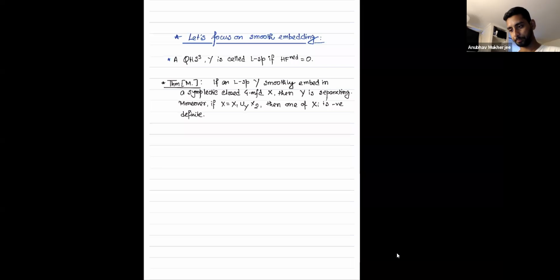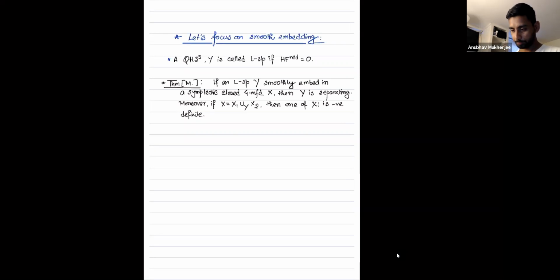And in particular, if Y separates X as X1 union X2, then one of the Xi has to be a negative definite 4-manifold. So one can see how smooth embedding restricts the topology of the symplectic 4-manifold. That is, you cannot embed in a non-separating way, and moreover, both pieces cannot have b2 plus bigger than 1.